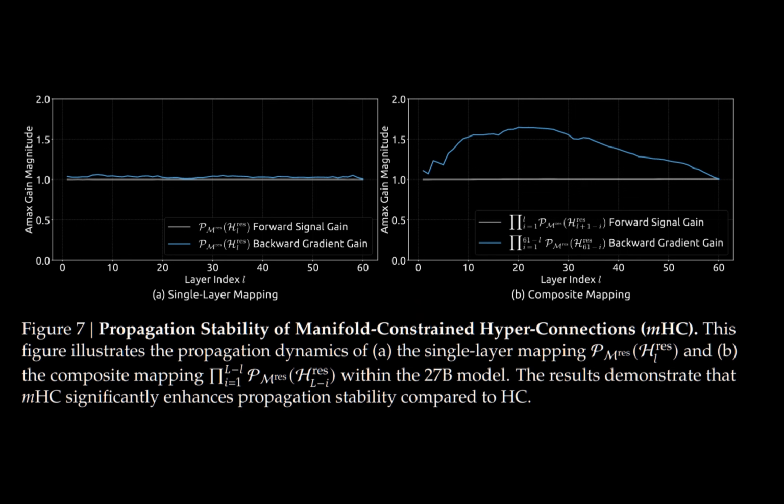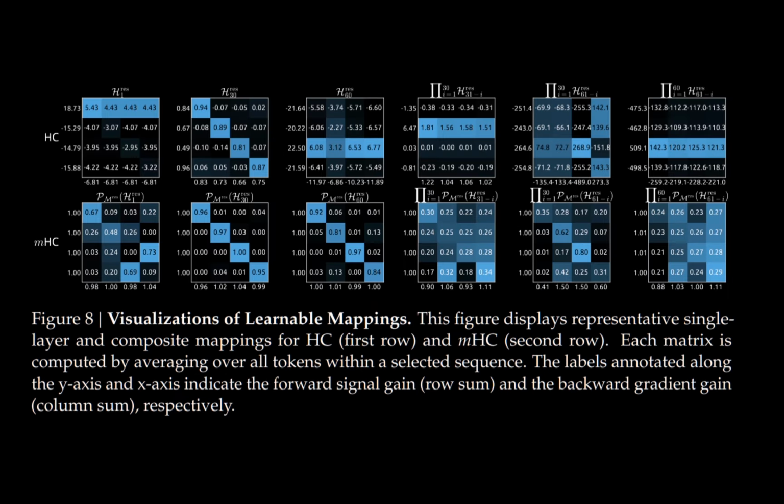It should be very smooth, and it should be around 1 all the time. And they show that it's exactly what's happening. Same for the forward and backward process. So again, it shows that it's relatively stable and can learn very well.